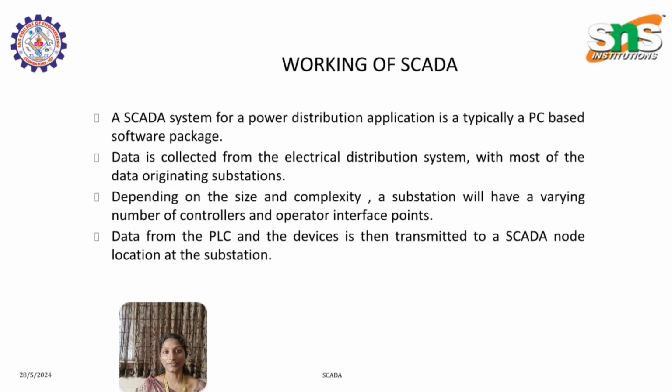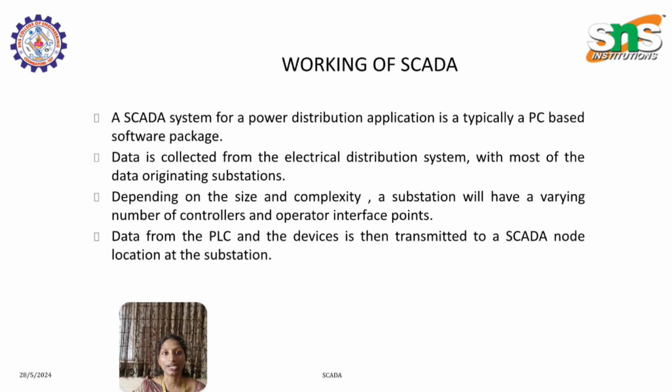Coming to the working of SCADA, how does SCADA work? SCADA for power distribution particularly is typically a PC based software package. We have many brands with PLCs, like Siemens and ABB, companies which help us in automating systems.